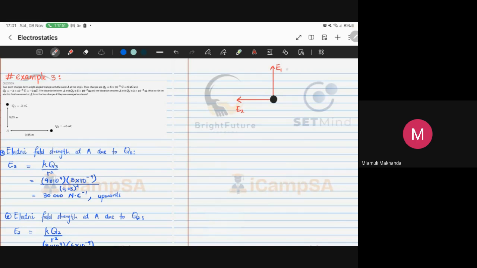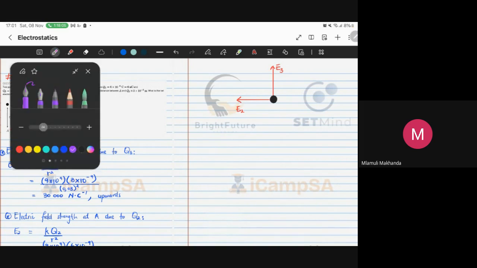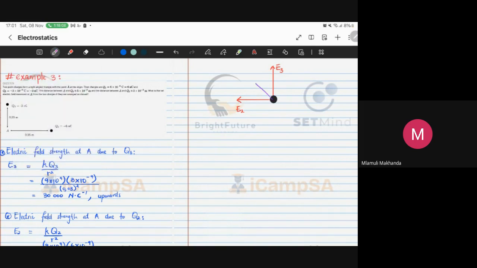No, not E1, sorry, E3. Then remember, once you have components like this, the only way to find the resultant is not simply adding. You have to use Pythagoras' theorem. Therefore, the net field would be going like that.